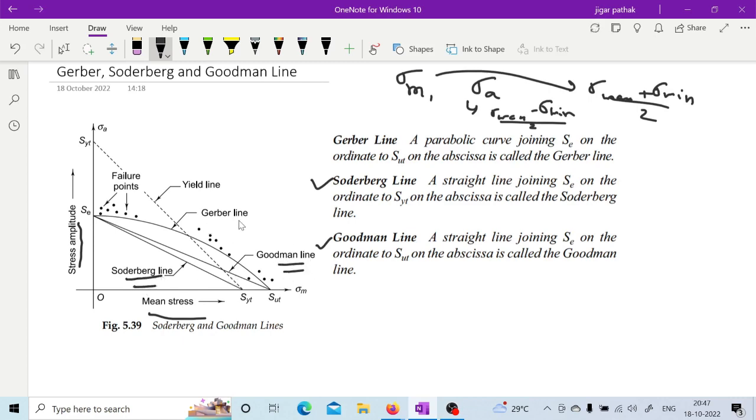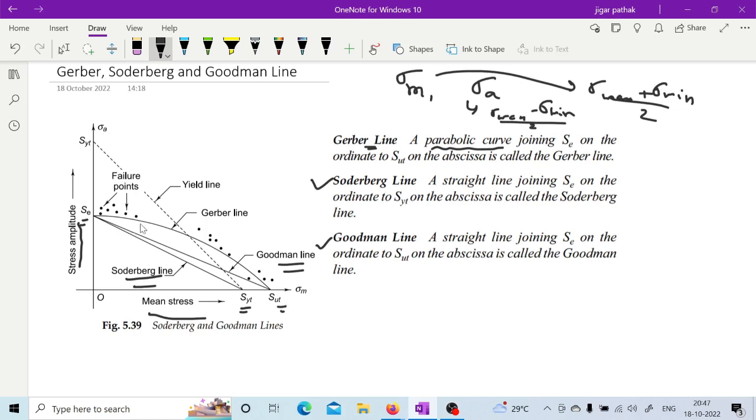While it is mentioned as Gerber line, it is actually a parabola, right? As you can see, it is a parabolic curve. So now if we see, this Soderberg line is between the endurance limit and yield strength, while this Goodman line is between the endurance limit and ultimate strength.